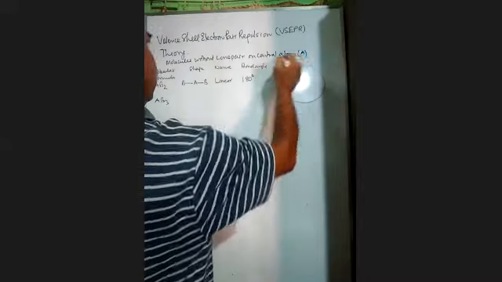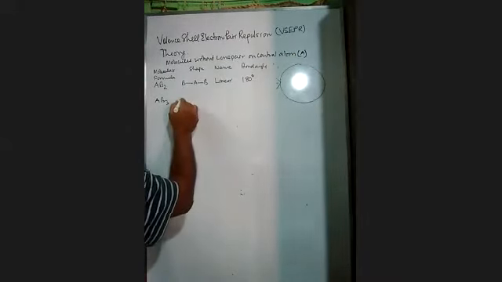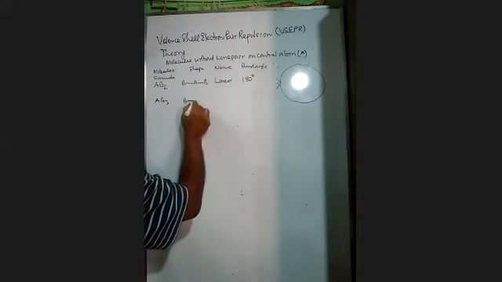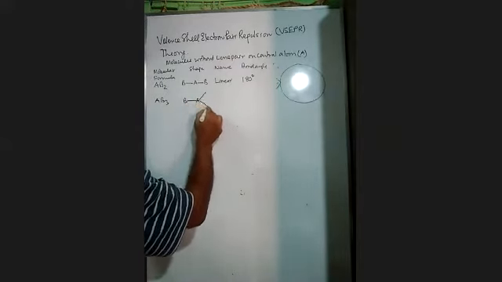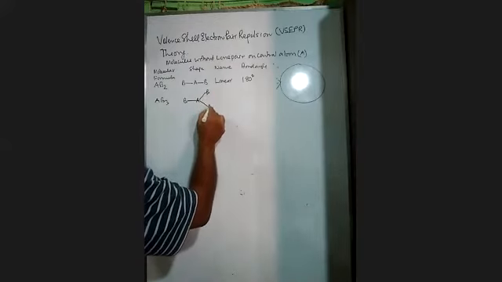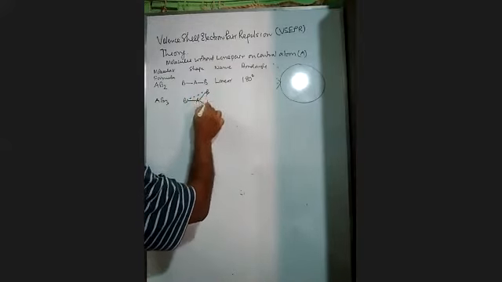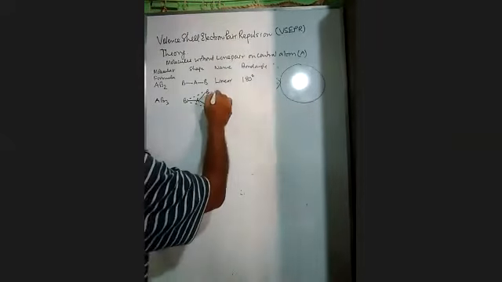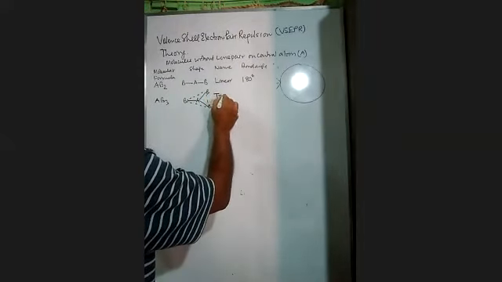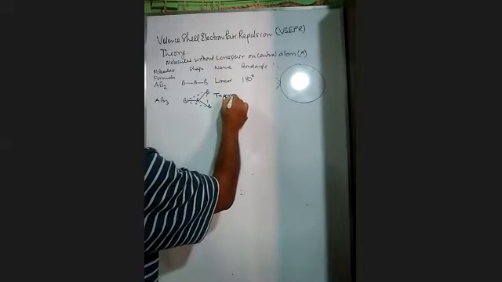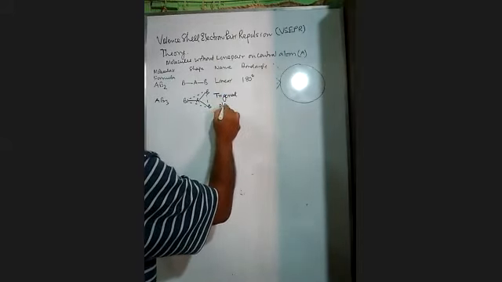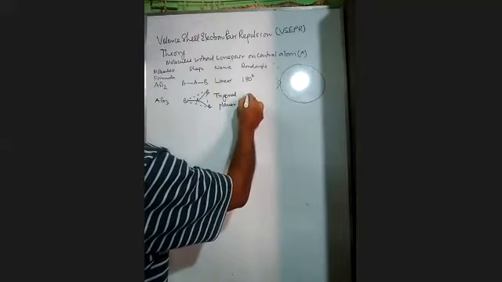What is the central atom? A. So in this case, you will find B's around it. What is the name? Trigonal planar. What is the bond angle here? 120.